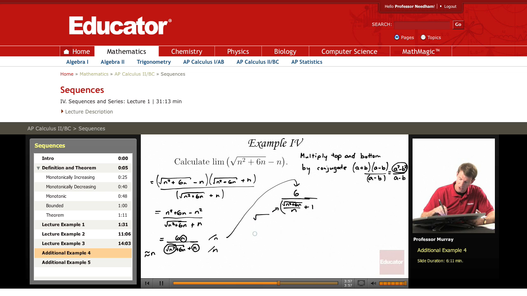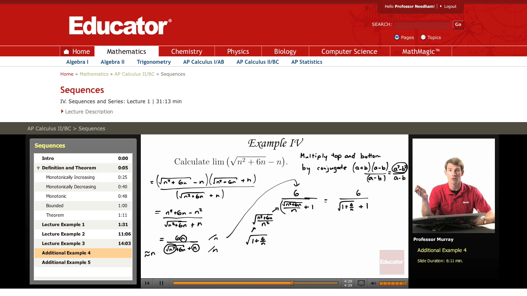I can make that a big square root of n squared plus 6n. Now, if I want to make this n part of the square root, I have to change it to n squared. And so that, if I split it up, becomes 1 plus 6 over n. And so this whole thing becomes 6 over the square root of 1 plus 6 over n, plus 1.